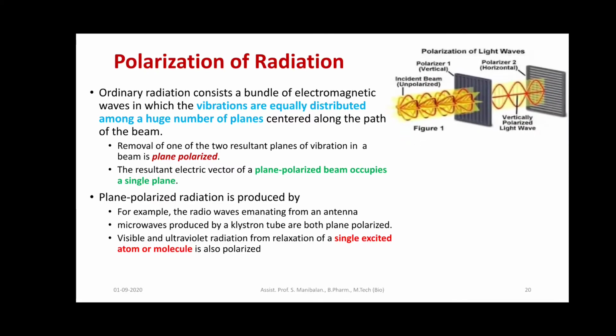This picture explains how non-polarized light oscillates in all directions. See unpolarized light in all directions, and after that a slit or the polarizer. The polarizer is an 8-mark question, and I will teach you that extensively during the polarization topic.